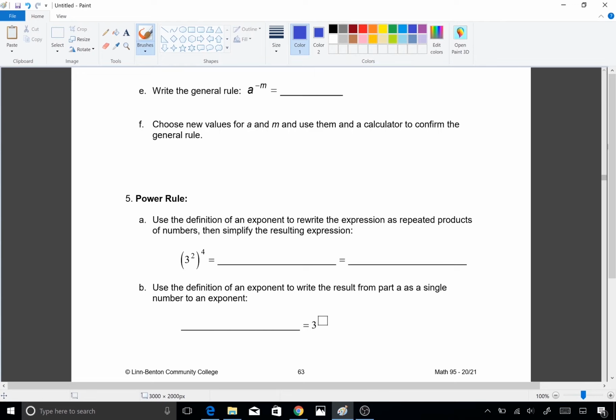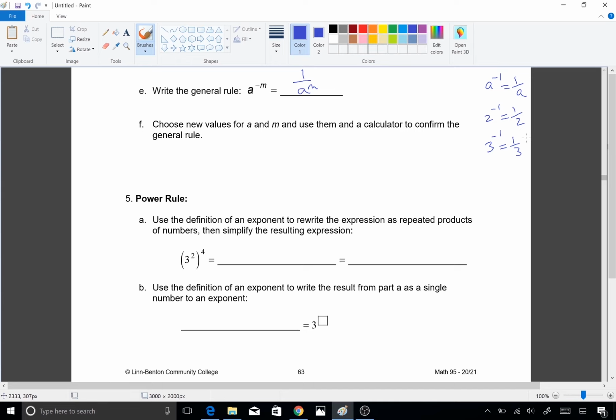The general rule is that a to the negative m equals 1 divided by a to the m. Making the exponent negative gives you the reciprocal of the original. Like a to the negative 1 is 1 over a. So 2 to the negative 1 would be 1/2. 3 to the negative 1 would be 1/3, etc.